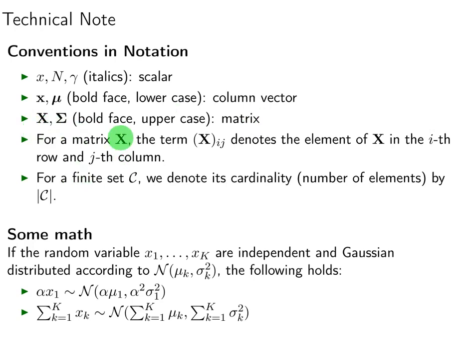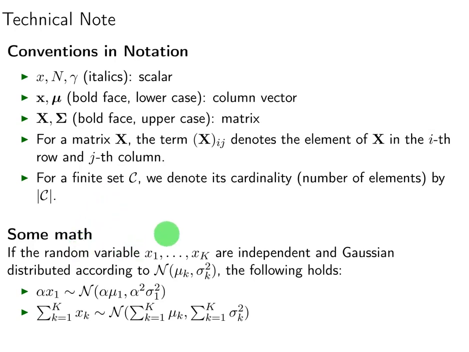For matrix X, the term Xij denotes the element of X in the ith row and jth column. And for a finite set, we denote its cardinality by the following, similar to the absolute value. We most of the time assume that EEG is a random variable and has some underlying distribution.